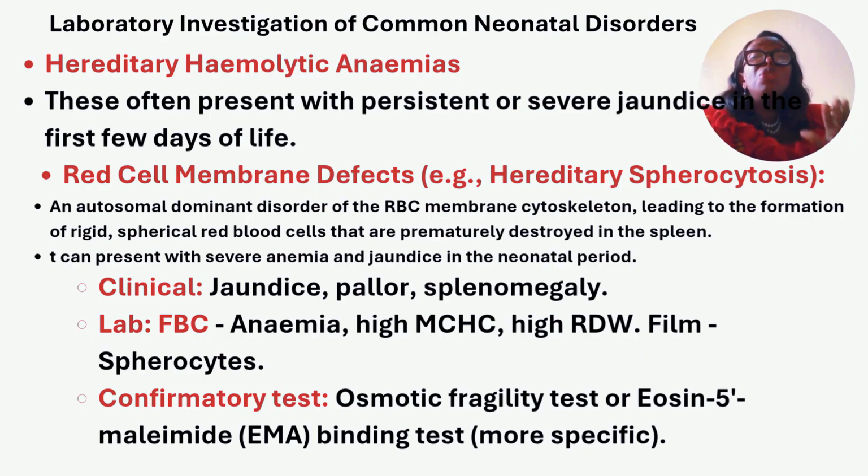The blood film will show you evidence of spherocytes and poikilocytosis, that is, different shapes of red blood cells, and the predominant shape present will be spherocytes in hereditary spherocytosis. You have anemia, high MCHC, high red cell distribution width, and, of course, spherocytes. Confirmatory tests include the osmotic fragility test or the eosin-5-maleimide binding test, which is actually more specific.